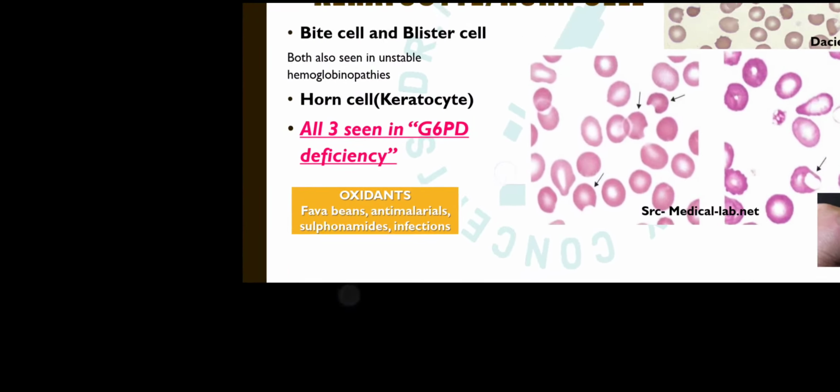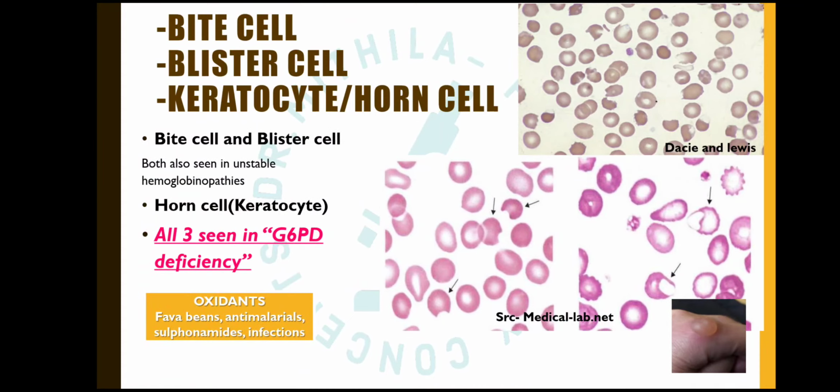In G6PD deficiency, glucose 6-phosphate dehydrogenase deficiency, there is oxidative damage to the red blood cell which occurs because of certain agents, when the body gets exposed to oxidizing agents like fava beans, anti-malarial drugs, sulfonamides, and infections. In all these conditions, there is increased oxidative damage to RBCs because this enzyme is deficient.